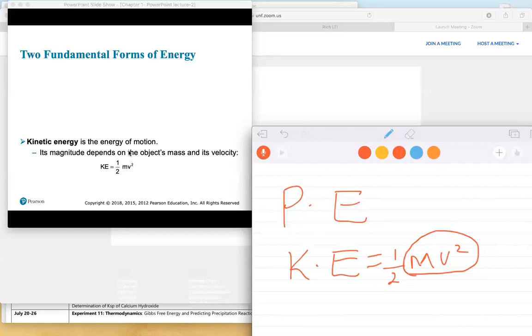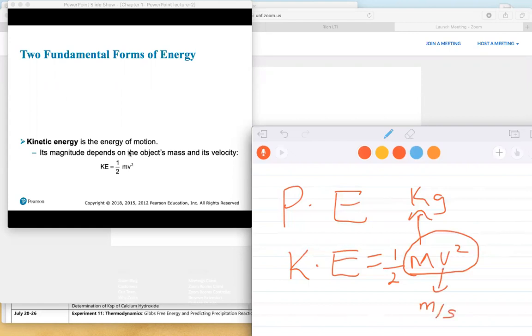You should know what the units of mass are, and what the units of v or speed are. This mass should be in kg, which means kilogram. If mass is in pounds, ounces, or grams, you should always convert to kilogram. And velocity or speed should be in meters per second.